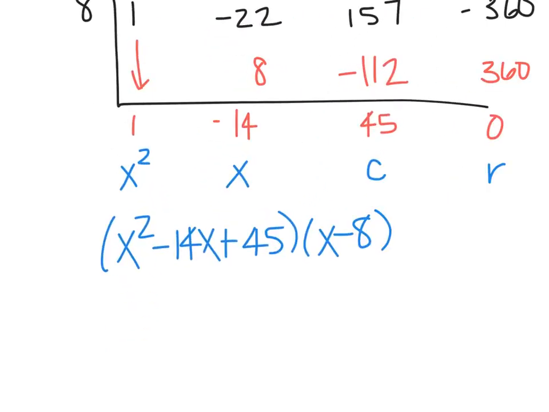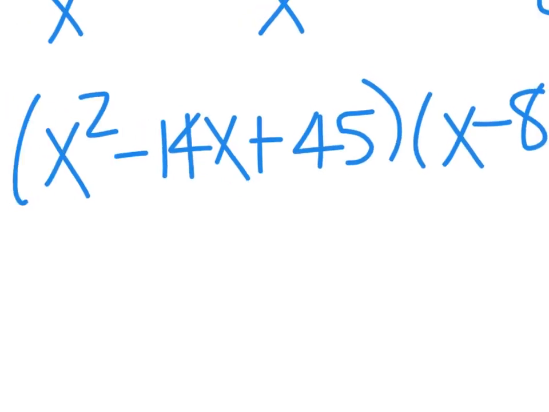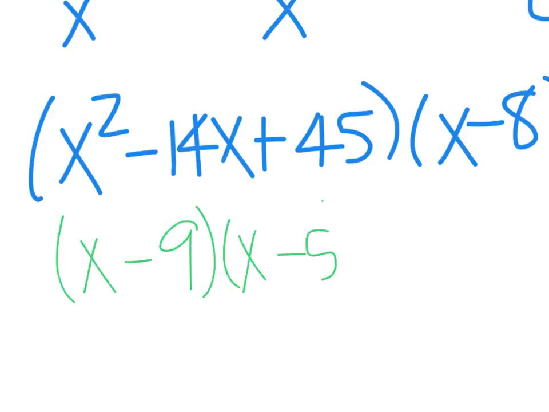Can I factor the first one even further? Can I factor x squared minus 14x plus 45? It'd be x minus 9 and x minus 5, and then x minus 8.